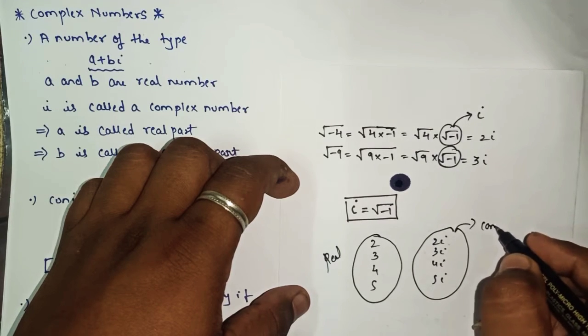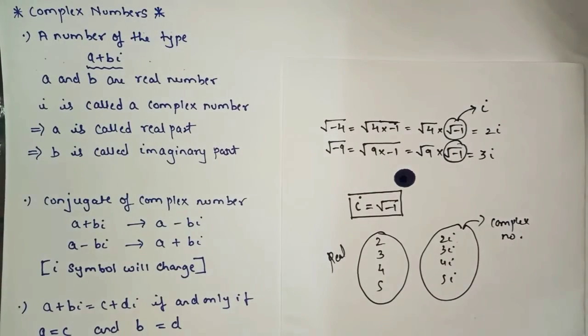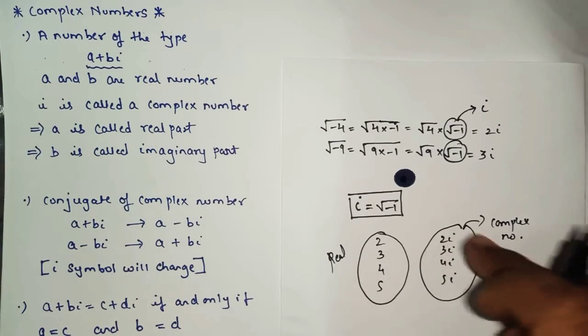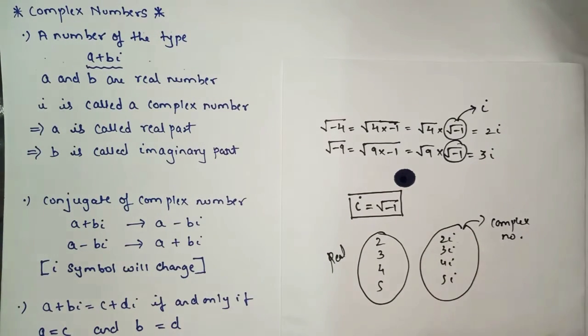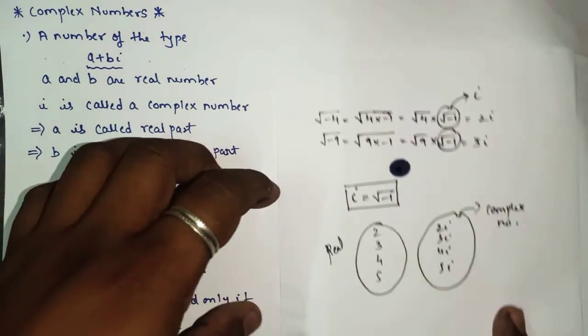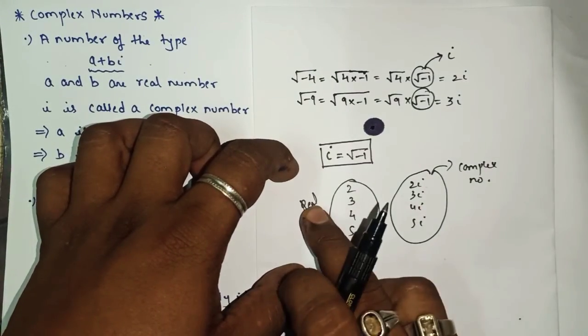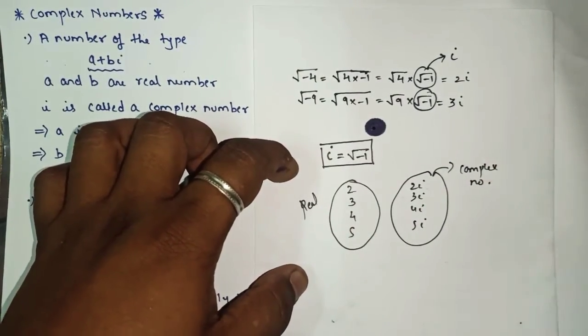The complex number, or the imaginary number. Okay, this part we can say is the imaginary part, so it is a complex number. Okay, in simple language we'll distinguish this: a number without I is known as the real number, a number with I is known as the complex number.